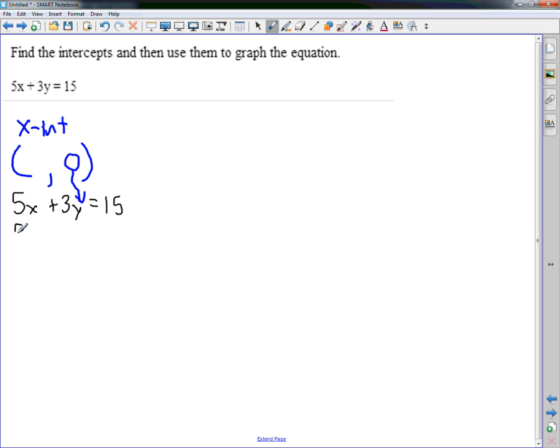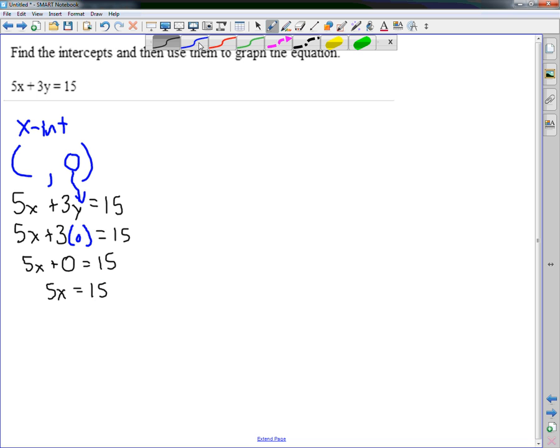That gives me 5x plus 3 times 0 equals 15. Now our goal is just to solve for x and find the missing point. So 5x plus 0, since 3 times 0 is 0, equals 15. Anything plus 0 is just what we had.